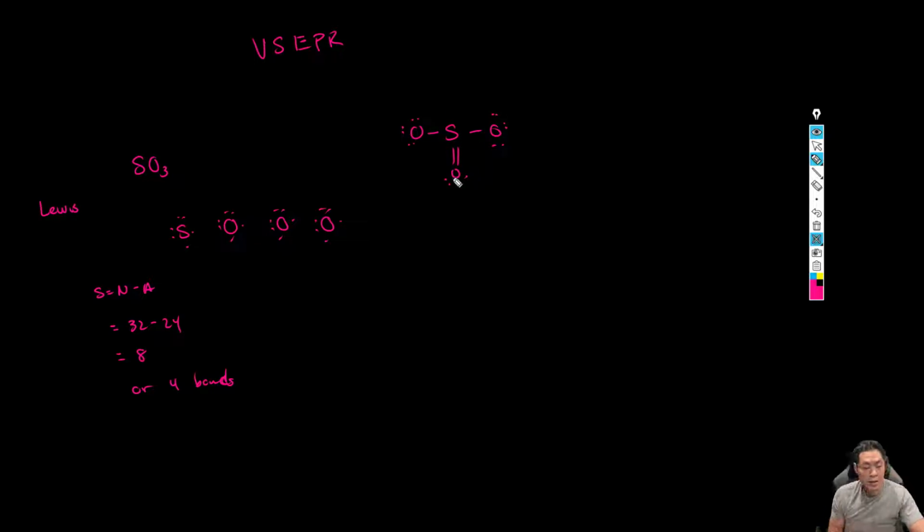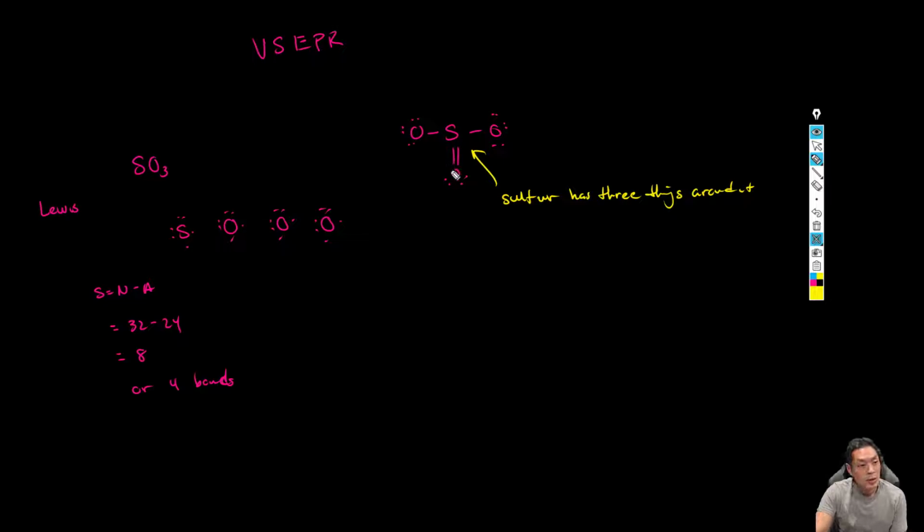So this is what the Lewis structure is. You have 3 bonds, or two single bonds and 1 double bond. If we're looking at the center, the sulfur, it has 3 things around it.